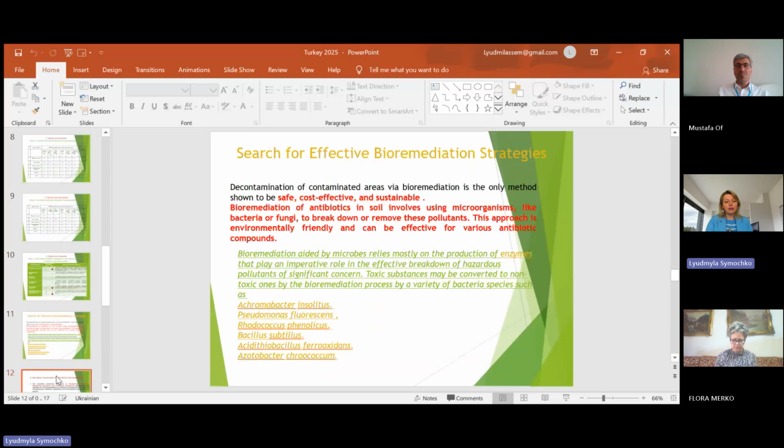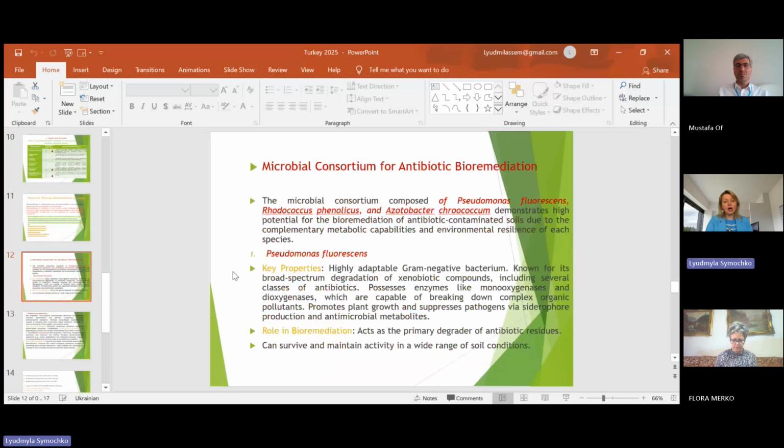From this list, we chose 3 bacteria for our consortium: Pseudomonas fluorescens, Rhodococcus phenolicus, and Azotobacter chroococcum. Why? Because of the symbiosis and the process of degradation, which those bacteria can support.